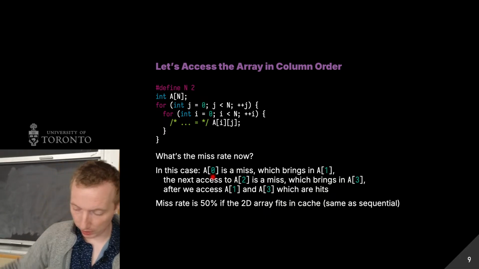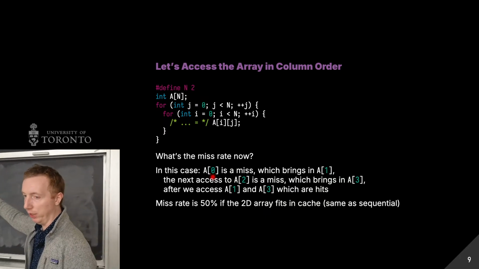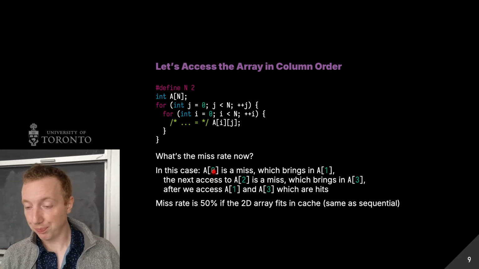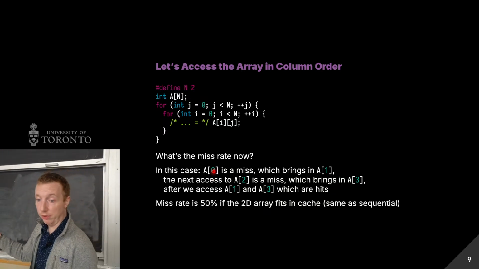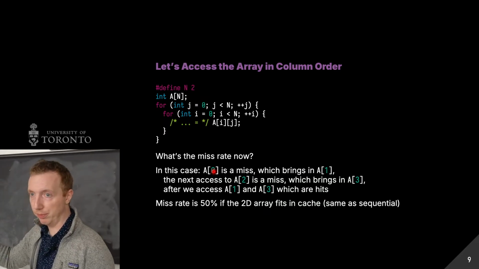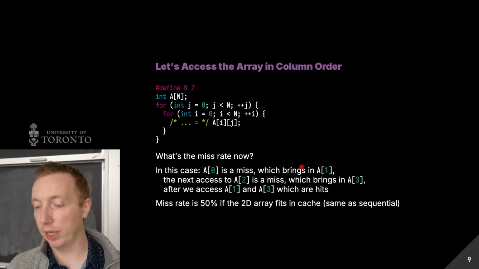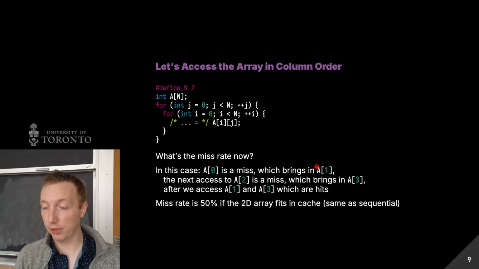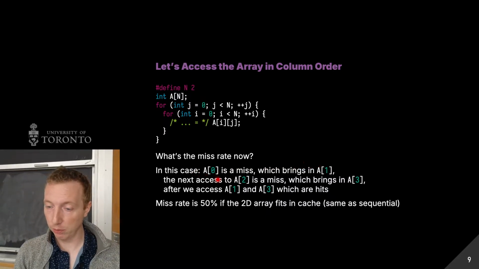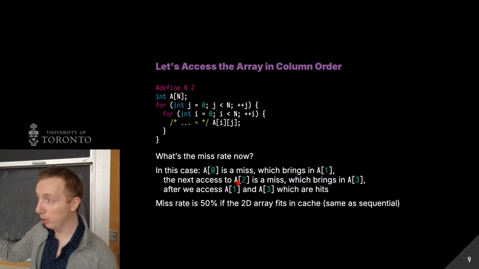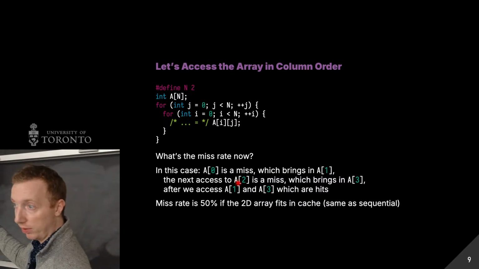I just converted it to the 1D equivalents. So if you miss on 0,0, which corresponds to A0 if it was a 1D array, that would bring in A0 and A1 into cache, and then the next access would actually bring in A2, which is another miss.